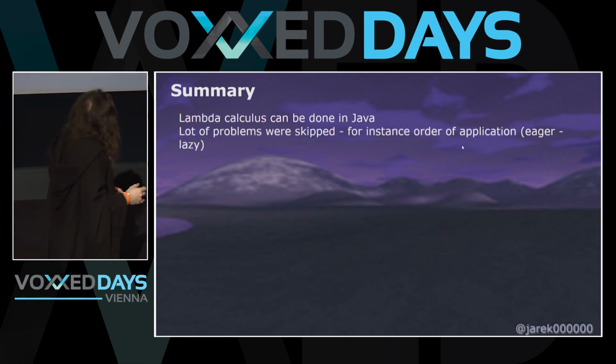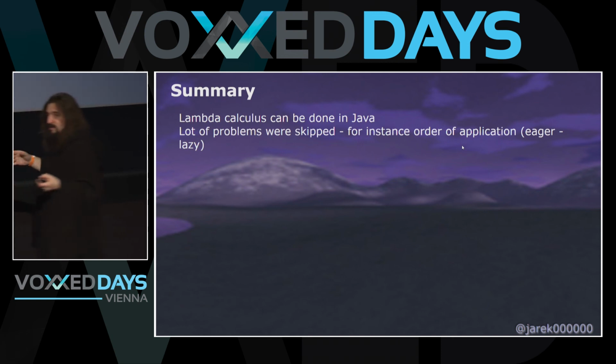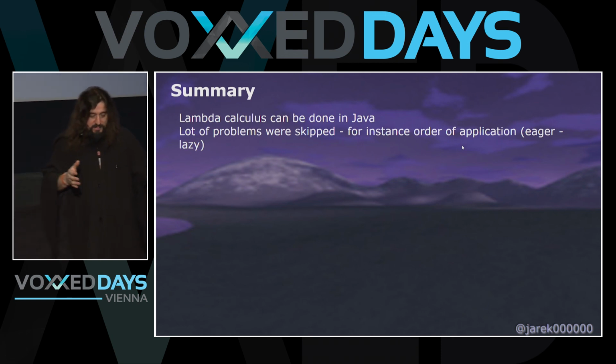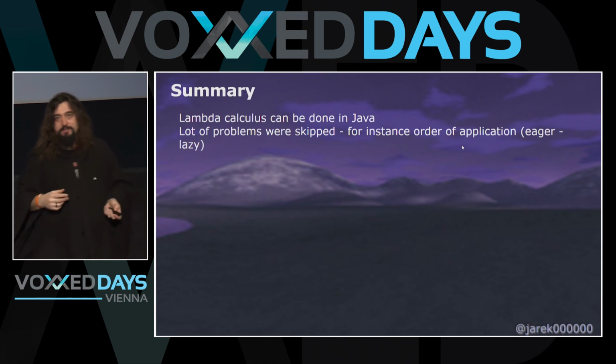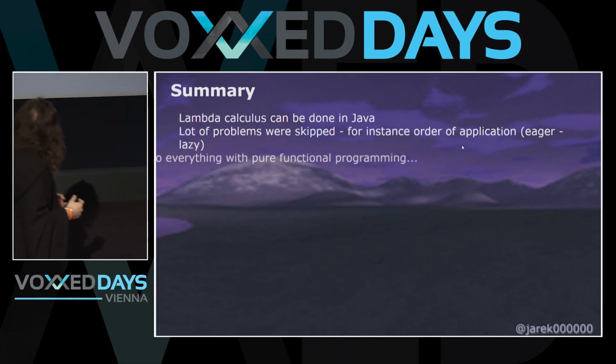So I have skipped a lot of problems. Eager, lazy initialization, by the way, that wasn't the best definition of Lambda you could have. That was the easiest. I have skipped the problem of, for instance, typed Lambda calculus. So for instance, if I do multiplication, what if I put in place of argument m an if? That would be stupid. But with this calculus, it's possible. So these problems were skipped.